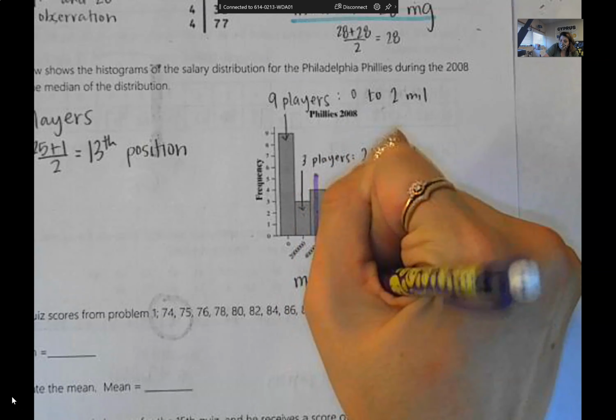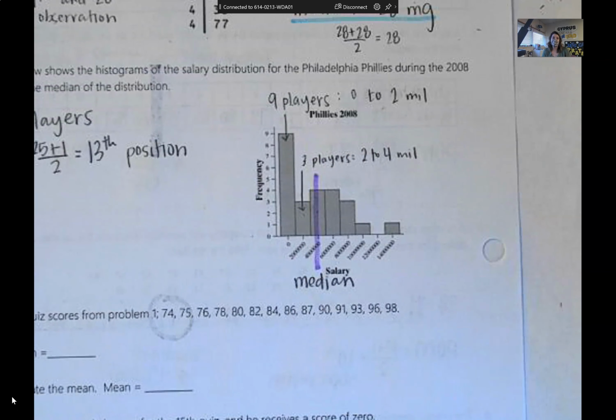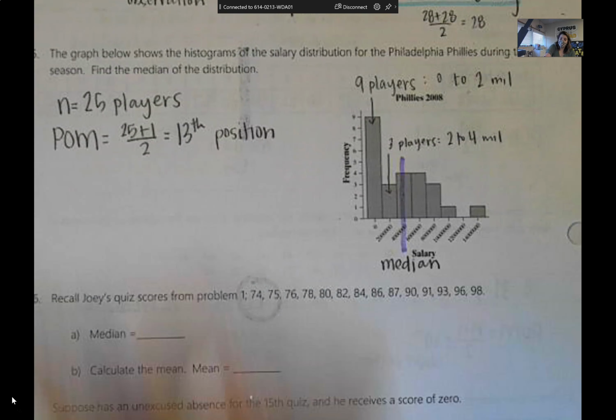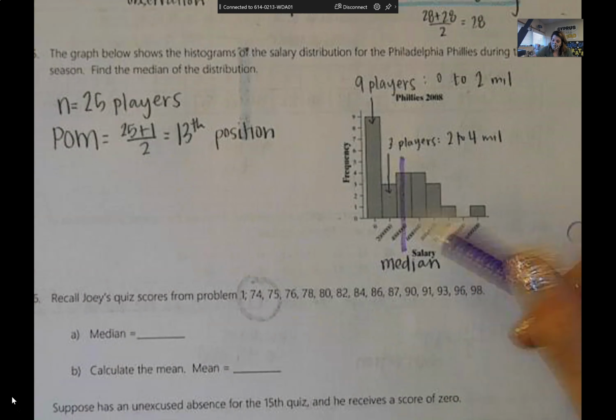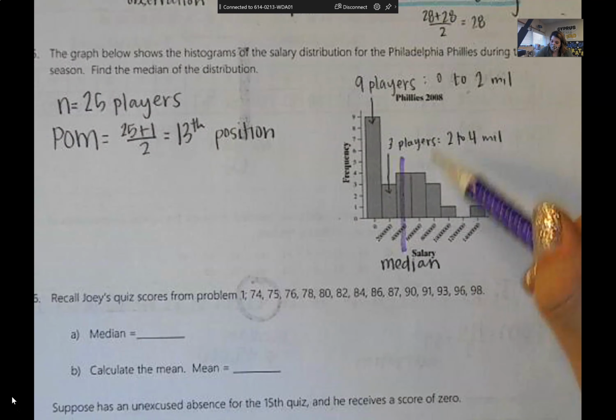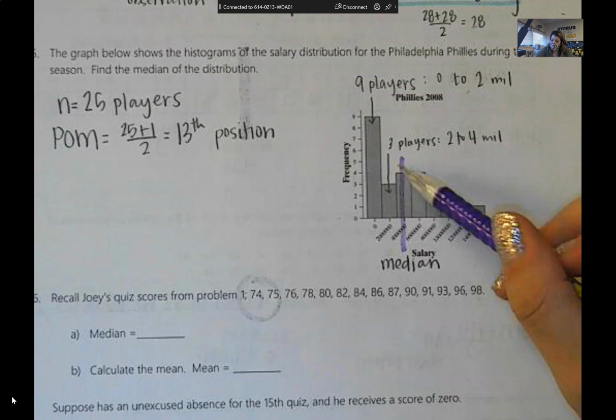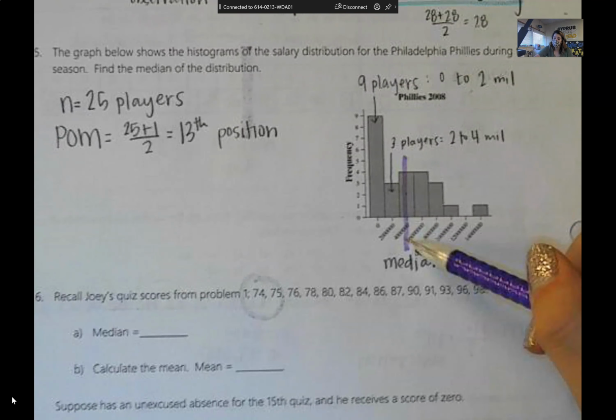So this is the disadvantage to a histogram, that it doesn't give you specific values unless you have the data set. If all you have is the graph, you only know the frequency in each bin. So how we're going to write the median is, this is 0 to 2, 2 to 4, so that means this one is 4 to 6 million.